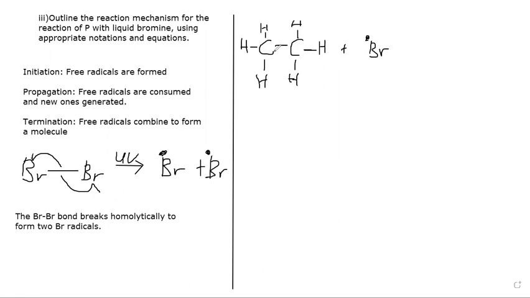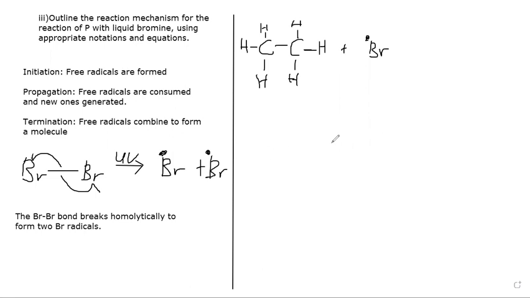Now for step two, which is propagation. In propagation, free radicals are consumed and new ones are generated. We are starting with the free radicals from the initiation step, which are the bromine radicals.